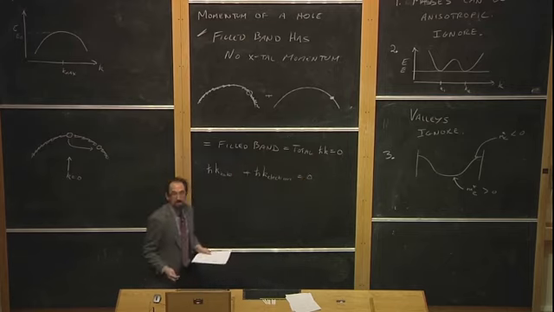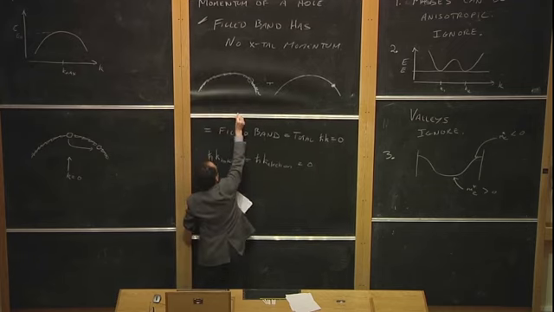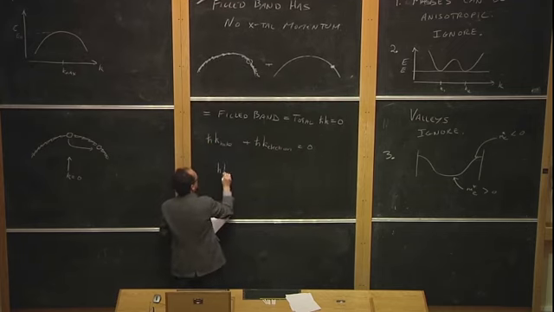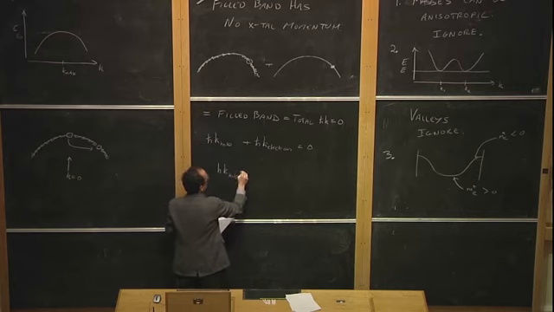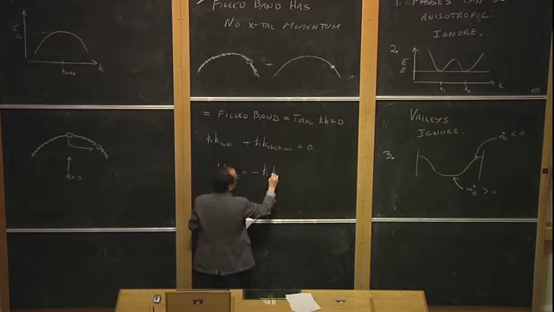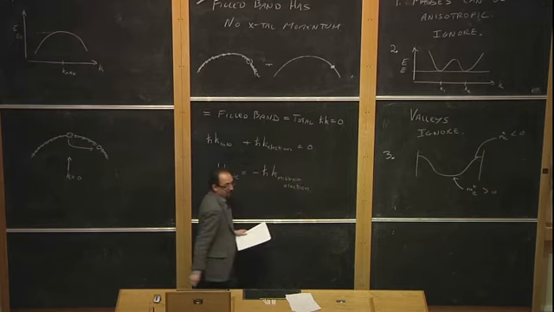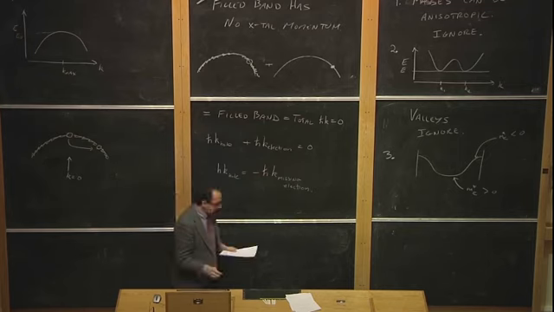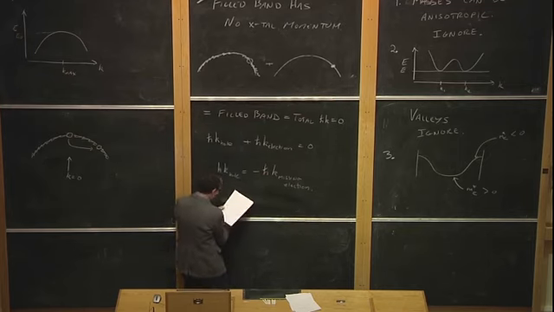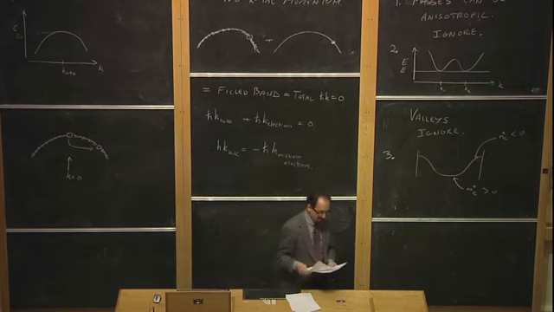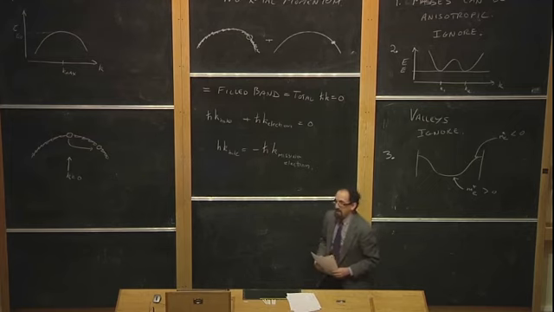So far, so good? So that means that h bar k for a hole must be minus h bar k for the missing electron. Okay? So that's a good way to keep track of what the momentum of a hole should be. There's one of these confusing minus signs.